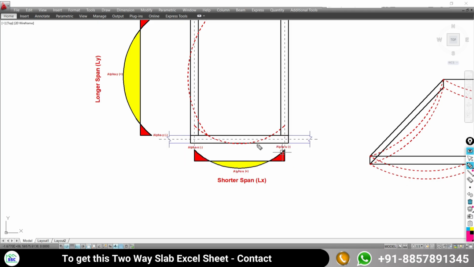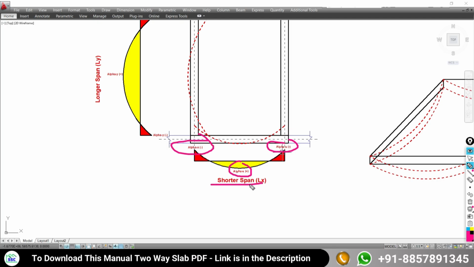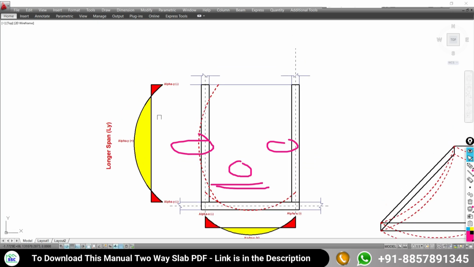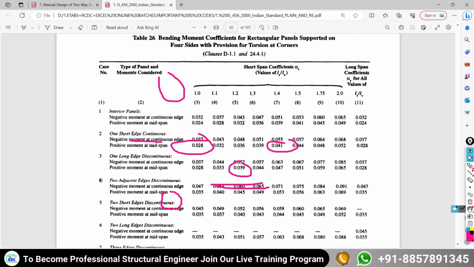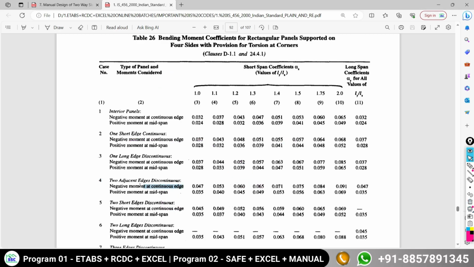So accordingly we have to calculate the negative moment coefficient as well as the positive moment coefficient for the shorter span. And for the longer span also there will be the negative moment at the support, alpha y negative, and positive moment coefficient at the mid of the span of the longer span. This is actually defined by your code also. Here the negative moment at the continuous edge, continuous support, positive moment at the mid of the span.